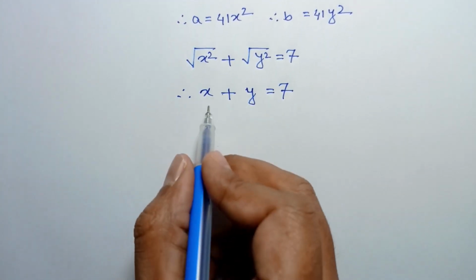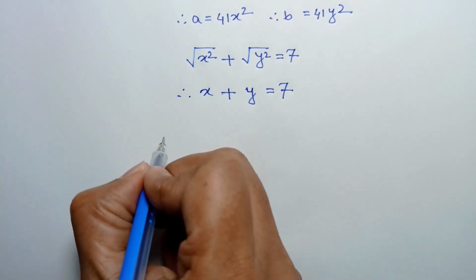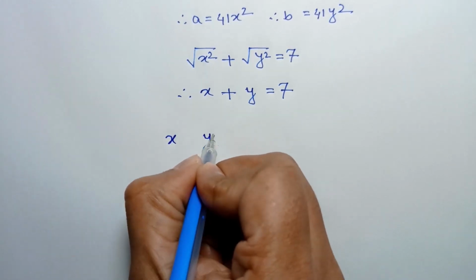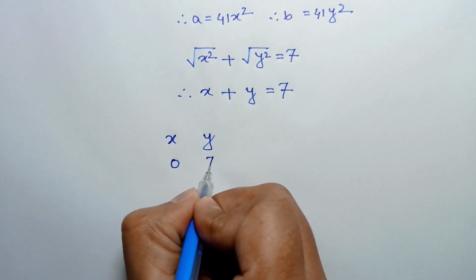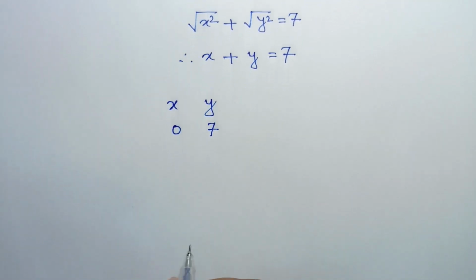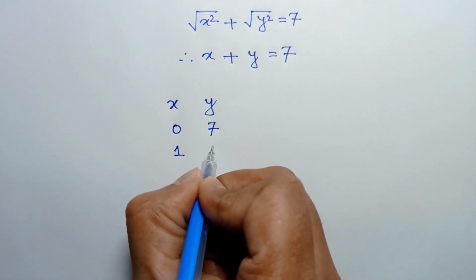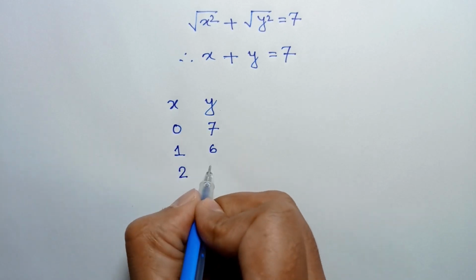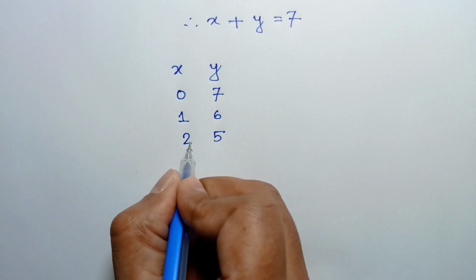Now x plus y is equal to 7 can have these cases for x and y. When x is equal to 0, then y will be 7, and when x is equal to 1, y is 6. When x is equal to 2, then y is equal to 5, as 2 plus 5 is 7.